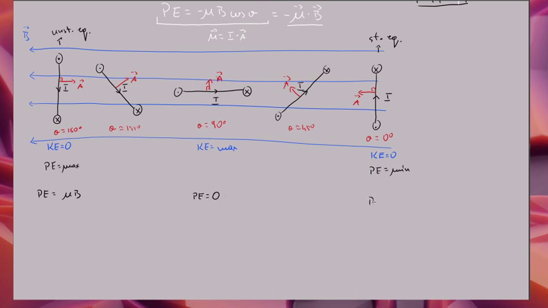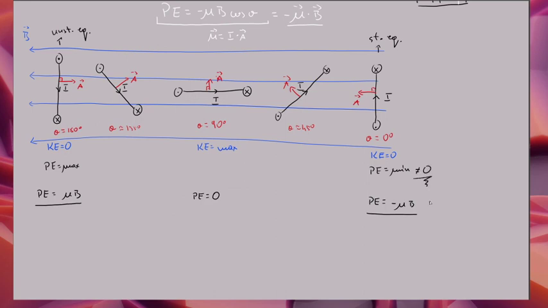And then potential energy at this point becomes minus UB, because cosine of 0 is 1. And so you have that this is the maximum potential energy, this is just potential energy in the middle, and this is the minimum potential energy. Your minimum potential energy is not 0. Just keep this in mind.